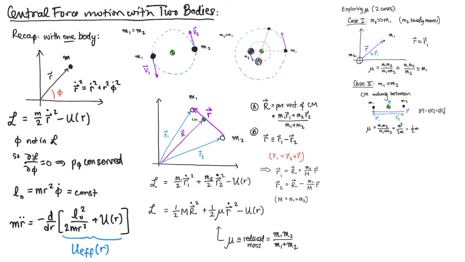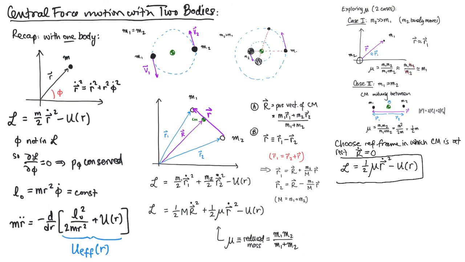So you can always, without any loss of generality, choose a coordinate system or choose a reference frame in which the center of mass is at rest. Okay, in other words, big R dot is 0. And in that case, we can get rid of that first term in the Lagrangian, and our Lagrangian becomes 1/2 mu r squared, r dot squared, minus the potential. This is the Lagrangian for our two-body system.